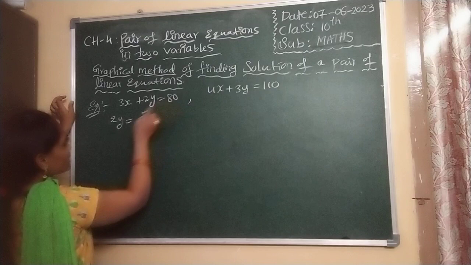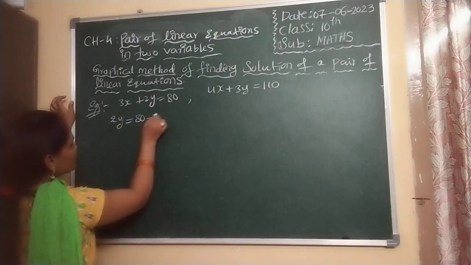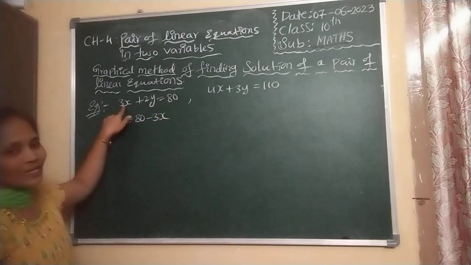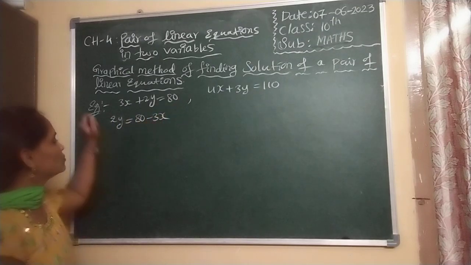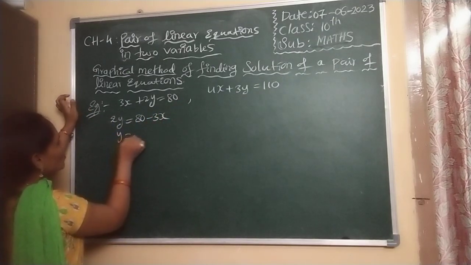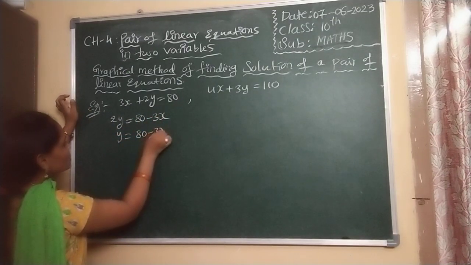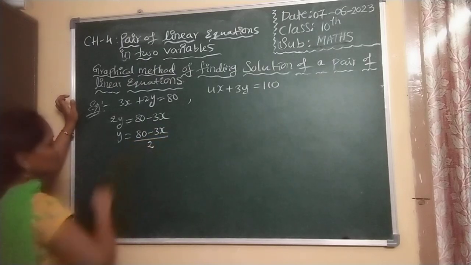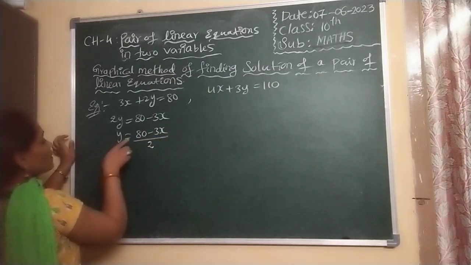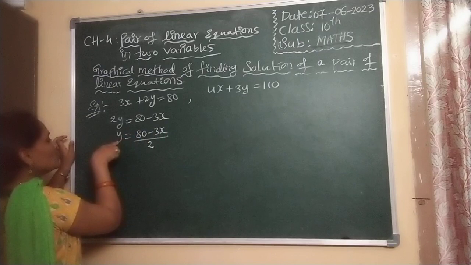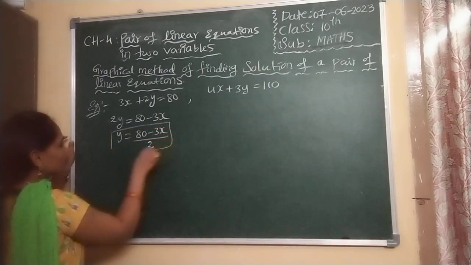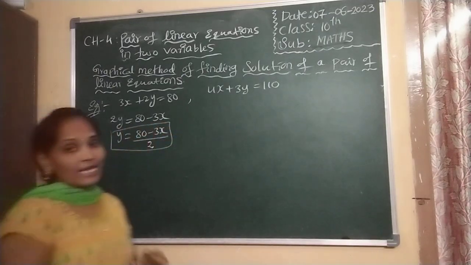Take the transpose: 2y is equal to 80 minus 3x. Now y is equal to 80 minus 3x divided by 2. By substituting x values, you will get y values. How to take x values?